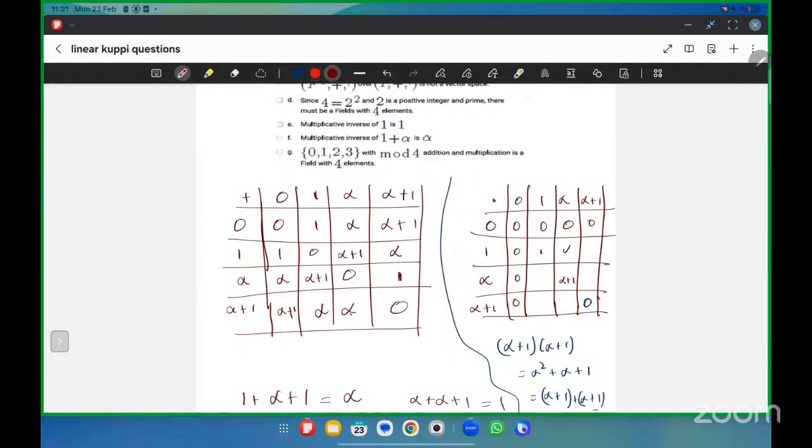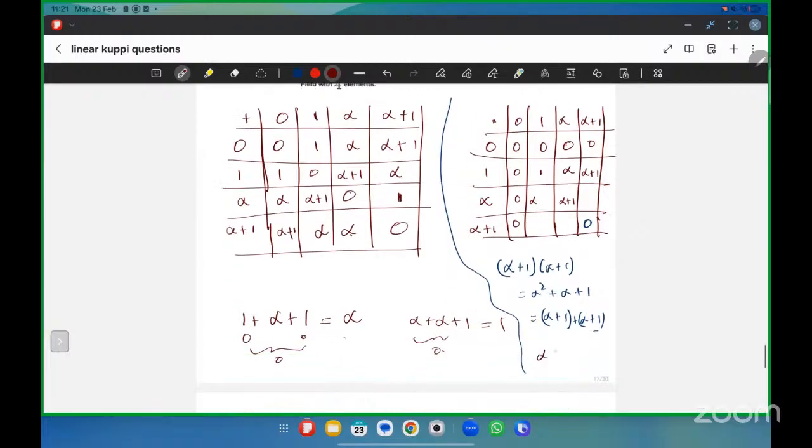And 1 into alpha is alpha, and alpha into (alpha plus 1) is alpha squared plus alpha, which is alpha plus 1 plus alpha.